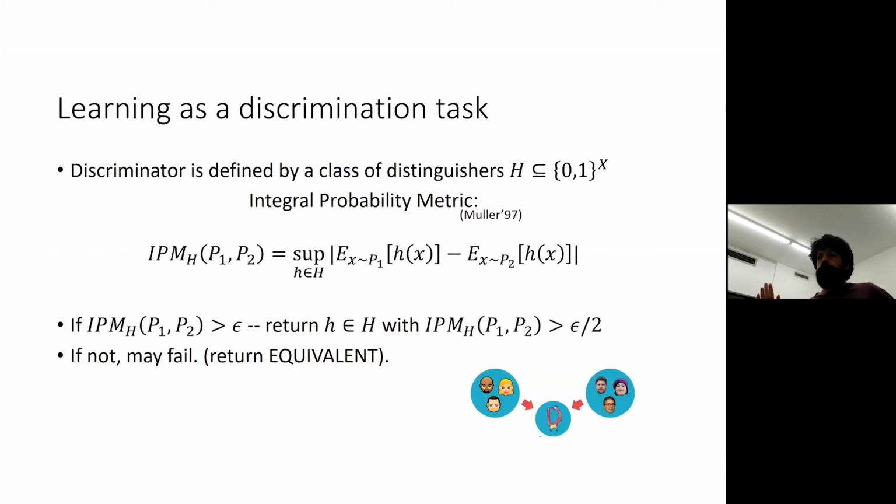So it could still be that the two distributions are very distinct, but the hypothesis class doesn't distinguish, and then we allow the discriminator to fail. And it sounds like a compromise because in some cases, you fail.